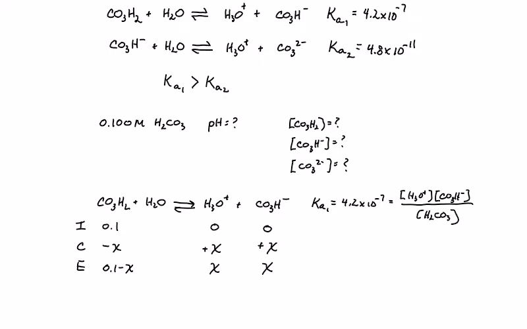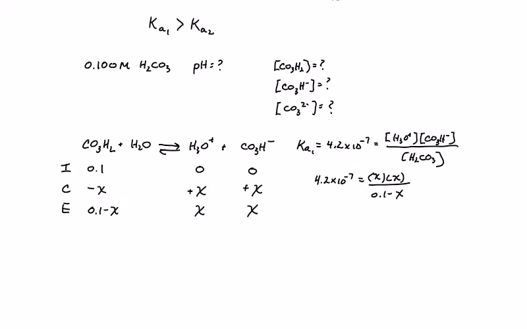So we get 4.2 times 10 to the negative 7th equal to X times X divided by 0.1 minus X. Then we get 4.2 times 10 to the negative 8th minus 4.2 times 10 to the negative 7th X is equal to X squared. We put this into quadratic form.